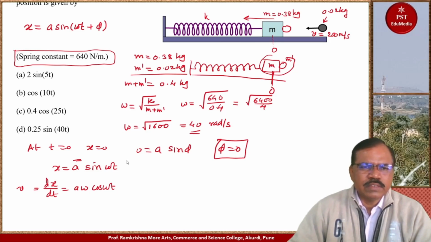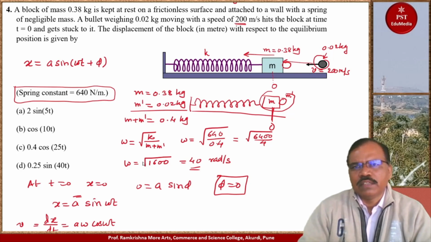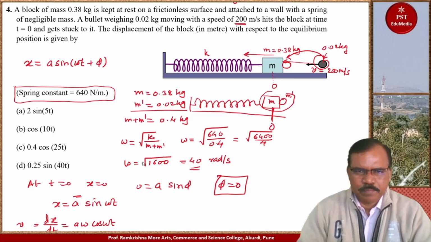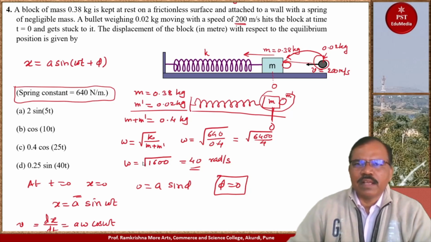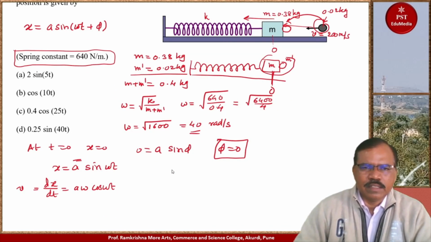Now, what is velocity? What happens here? When this bullet sticks with this mass, it transfers all of its energy to the block. So we can apply conservation of momentum. What is the momentum of the bullet?